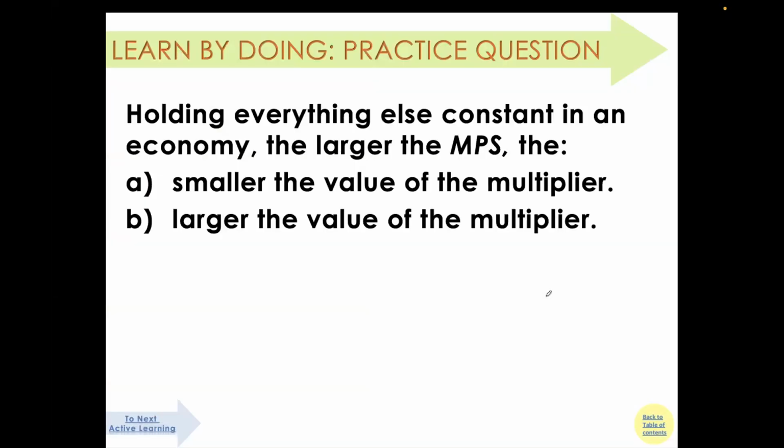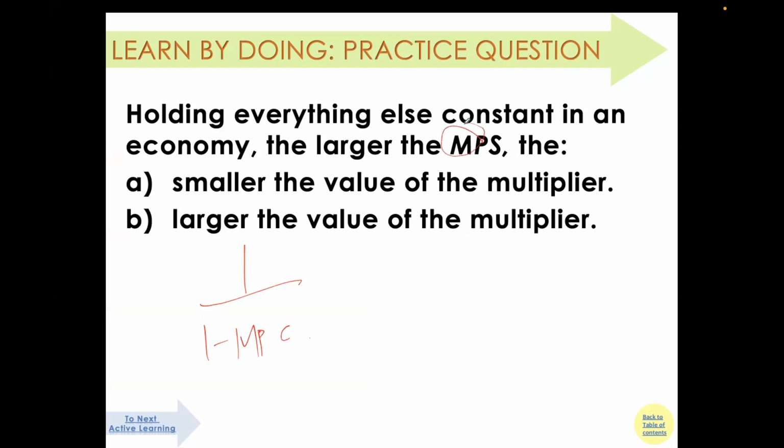All right, so now let's finish this part by looking at this practice question. Holding everything else constant in the economy, the larger the MPS, what happens to the multiplier? The multiplier is equal to 1 over 1 minus MPC.